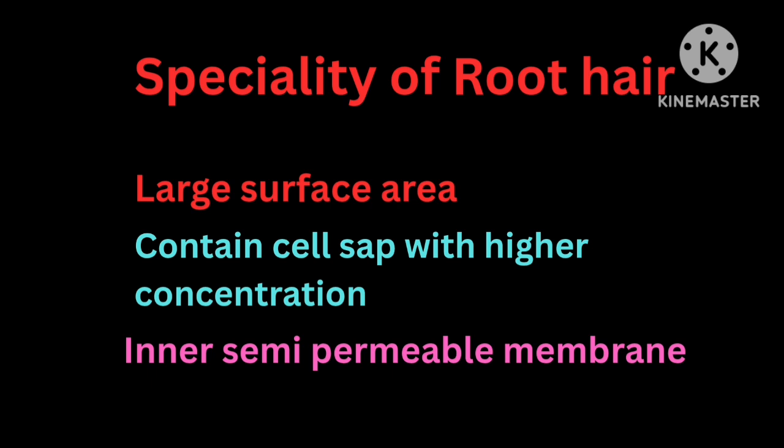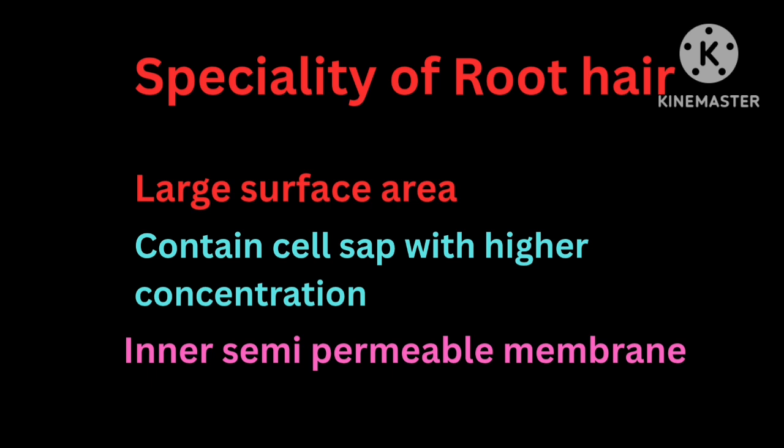Root hair contains cell sap which is of higher concentration than the surrounding soil water. And the next is, we have already discussed the inner semi-permeable membrane. The cell wall is fully permeable, but inside the cell wall there is a semi-permeable membrane which helps in osmosis.